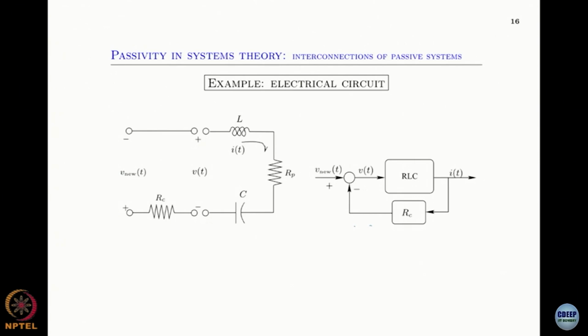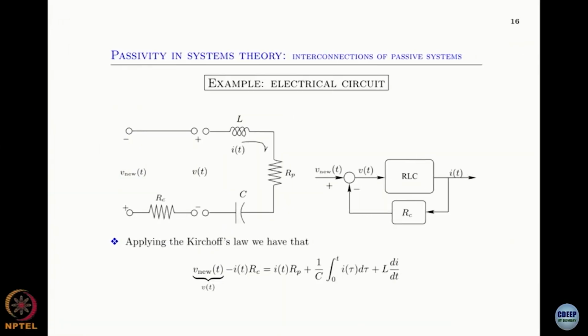So this is what I'm doing from the block diagram perspective, right? I have this output, I pass it through this new resistor, the current, and I inject everything back into my circuit, and now I have a new input. So this is how we deal with passivity, and we go constructing passive blocks, right? We start with some passive block, we make a feedback interconnection with another passive block, and we define a new passive map from a new input to probably a new output, in this case the same output.